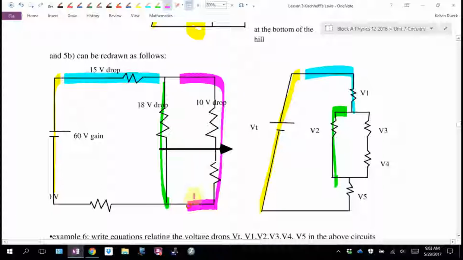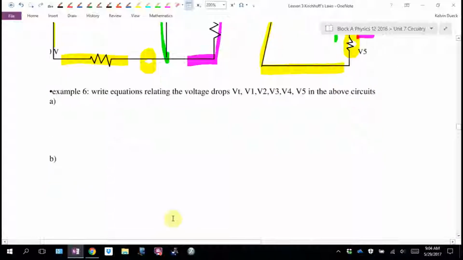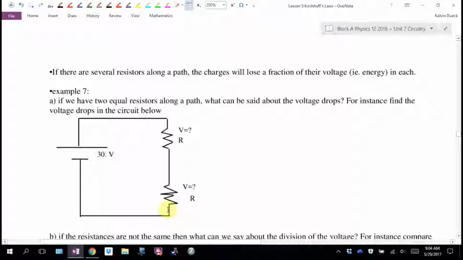But then we all meet up at the bottom. Example 6 says, write equations relating the voltage drops in the above circuits. I'm going to pass, and I'm going to go straight to example 7.